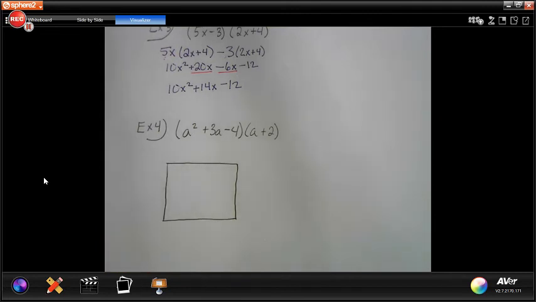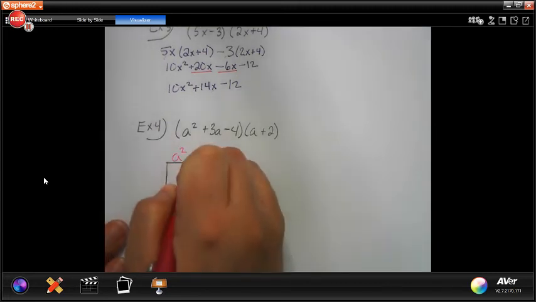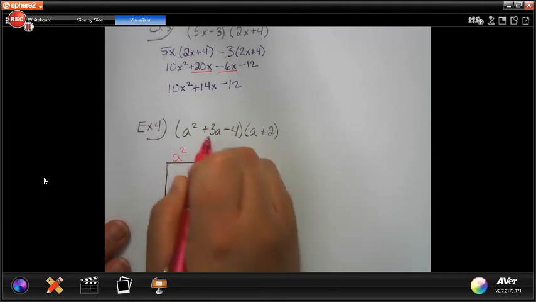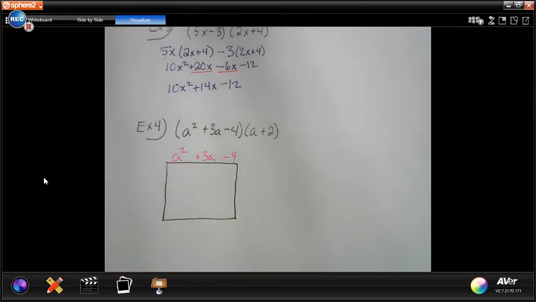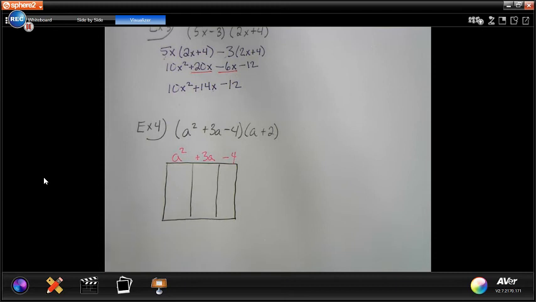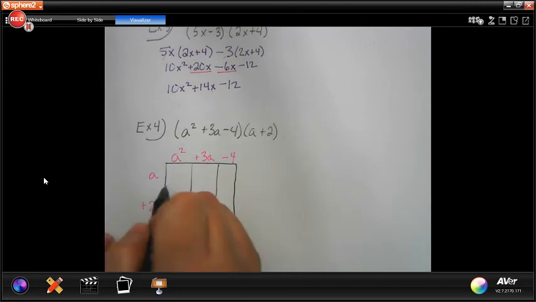I am going to put the first one on the top. Make sure to keep the symbols with them. So don't lose that plus sign, don't lose that minus sign. Okay. So that splits my box up into 3 columns. And then along the side, we have a plus 2. Don't lose that plus.